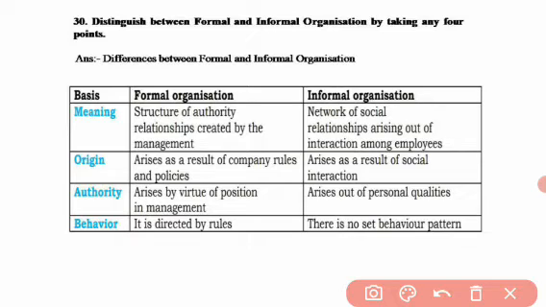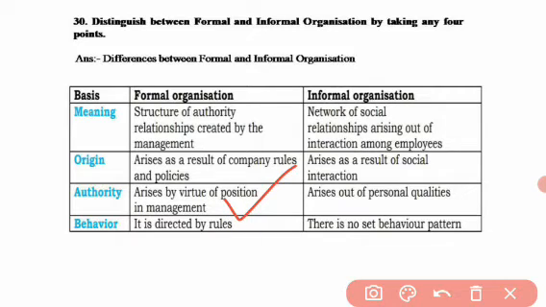And formal organization arises as a result of company rules and policies, but informal organization is the result of social interaction. And formal organization has authority which arises by virtue of position in management.